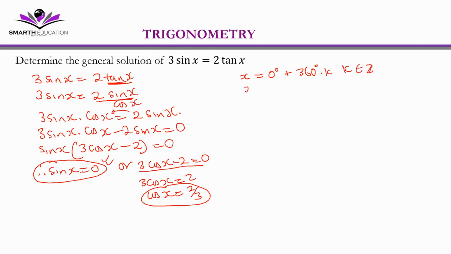So this is just x equal to 360 times k, where k is an integer. That's the first one.